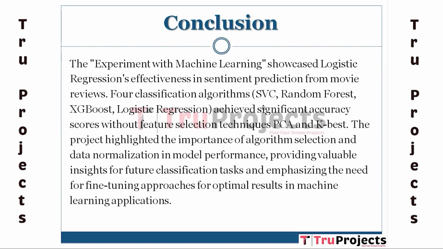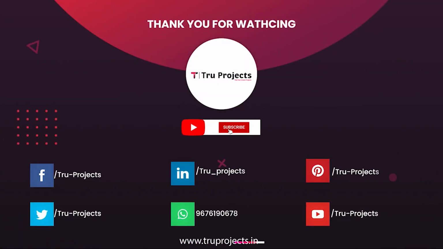Noticeably, logistic regression and support vector machine consistently outperformed even after applying select K-best and principal component analysis. The project highlighted the significance of algorithm selection and showcased the impact of normalization on model performance. These findings provide valuable insights for future classification tasks, emphasizing the importance of fine-tuning approaches for optimal results in machine learning applications.